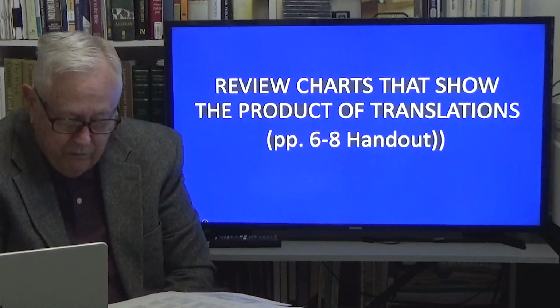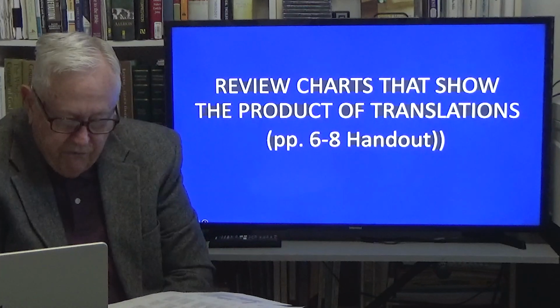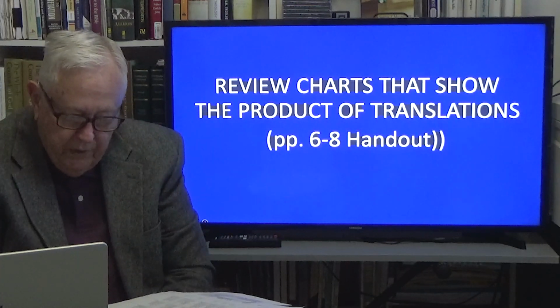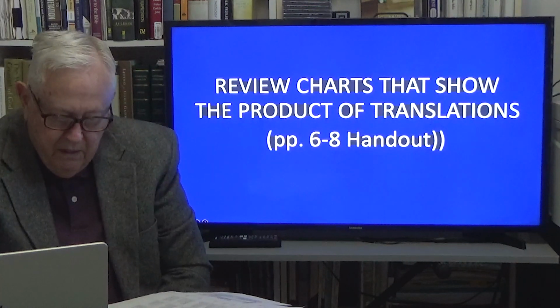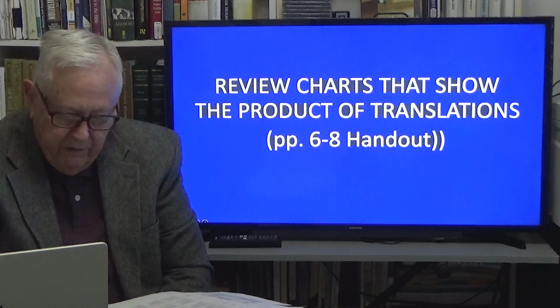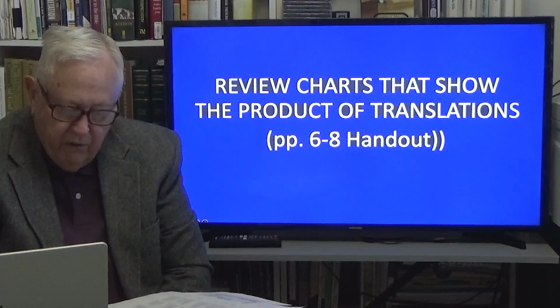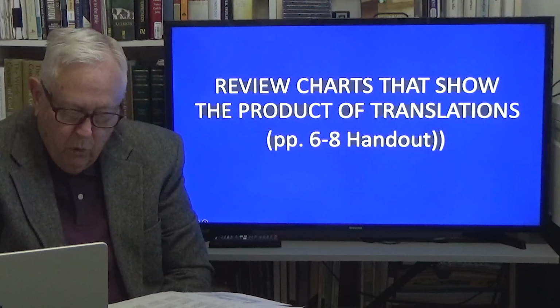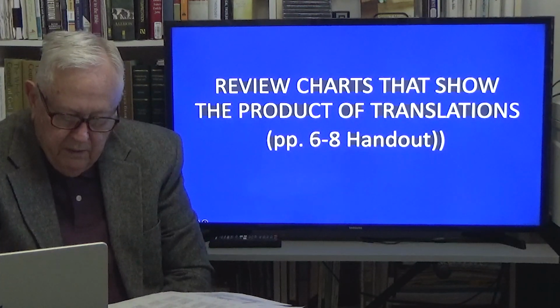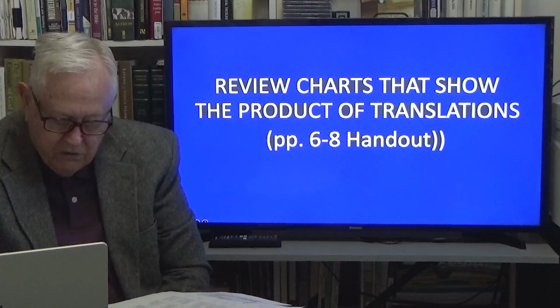The dynamic equivalent is the NIV 84, for God so loved the world that he gave his one and only Son. The new NIV in 2011 uses the same phraseology, and it is very much in agreement with the 84, except in certain places. One and only Son. The New Living Translation: gave his only Son.